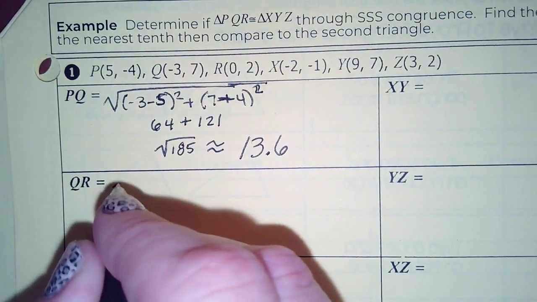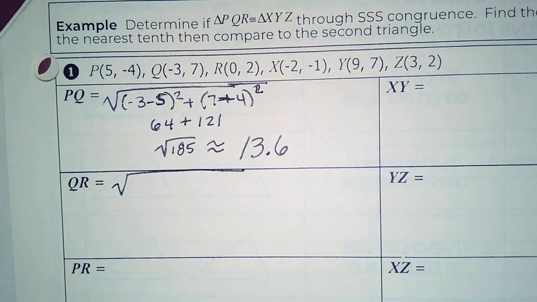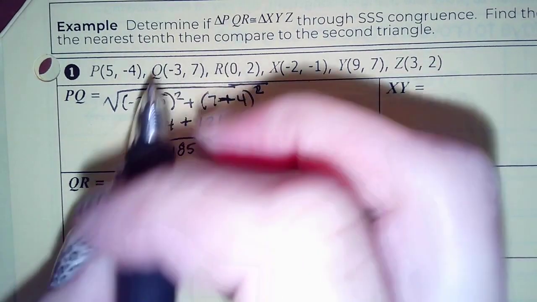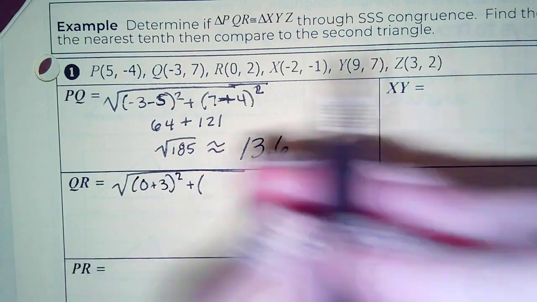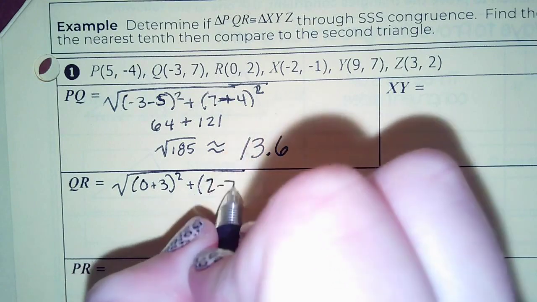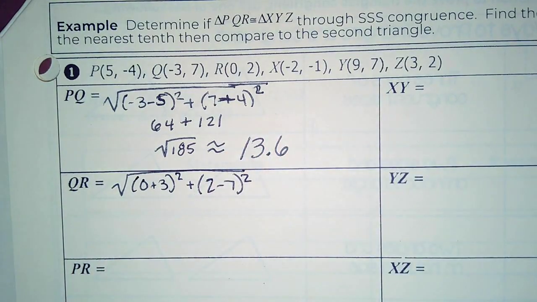Now let's find QR. If I remember correctly, there's one of these on your test. So QR, I'll go 0 minus -3, so 0 plus 3 squared plus 2 minus 7. It's always subtraction in the distance formula.